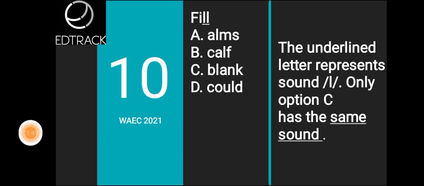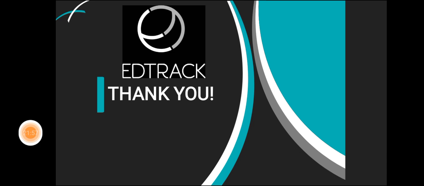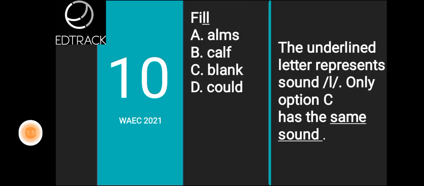So to be able to answer questions that are based on sounds, either consonant sounds or vowel sounds, you have to be very familiar with all of these sounds, and be very close with your dictionary as well.